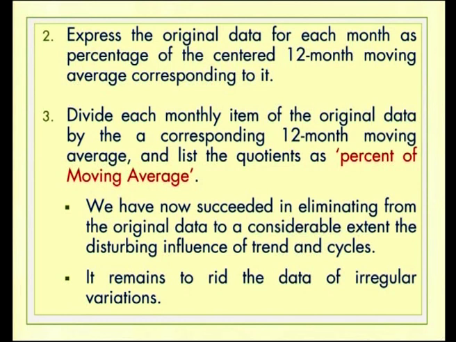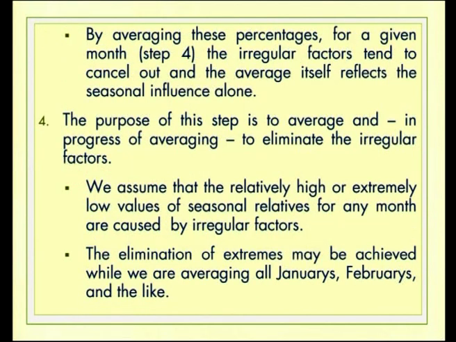of moving average. Now, we have succeeded in eliminating from the original data, to a considerable extent, the disturbing influence of trend and cyclical fluctuations. So, it remains to get rid of the irregular variations. By averaging this percentage for a given month, the irregular factors tend to cancel out and the average itself reflects only the seasonal influence. So, the purpose of this step is to average, and in the process of averaging to eliminate the irregular factors.